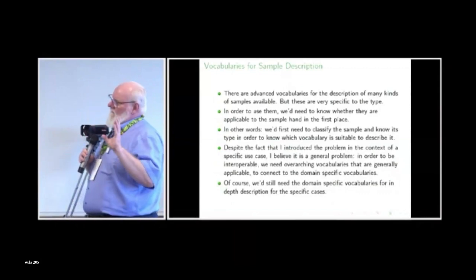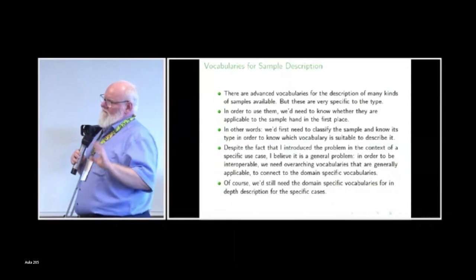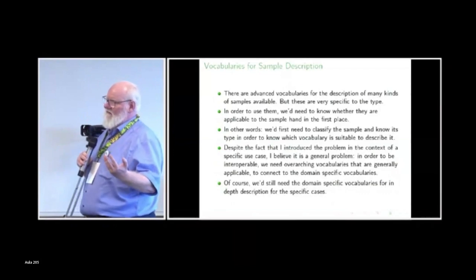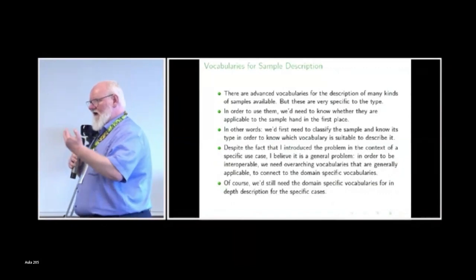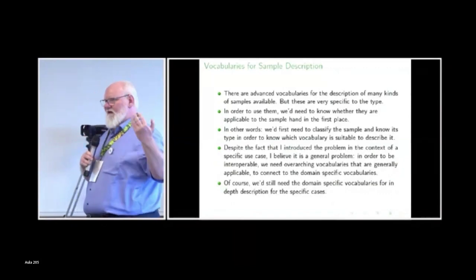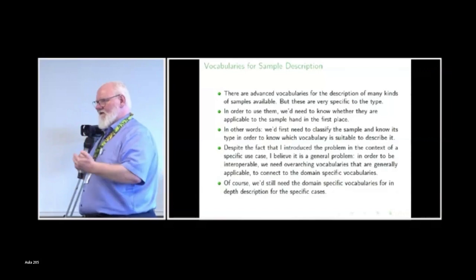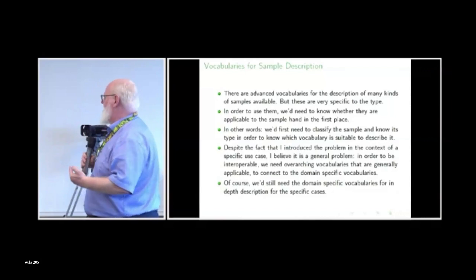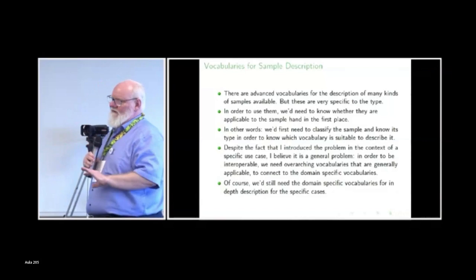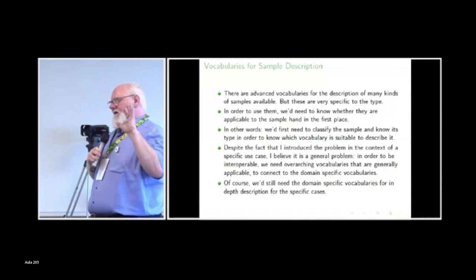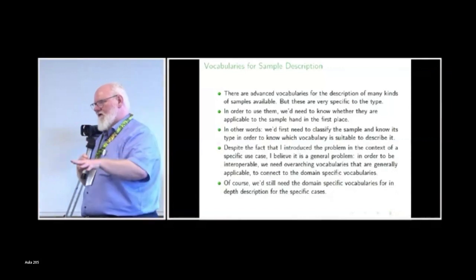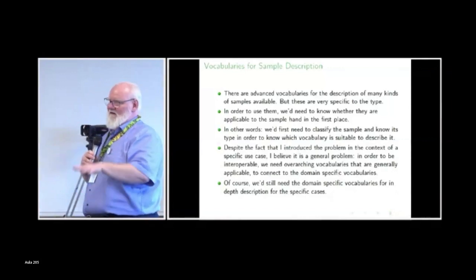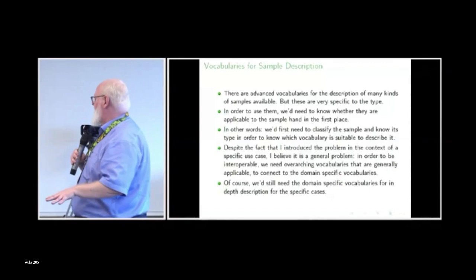And in order to use a particular metadata schema, you would first need to know whether this schema is applicable to the sample that you have at hand. In other words, we would first need to classify the sample types in order to know which metadata schema is useful to describe them.